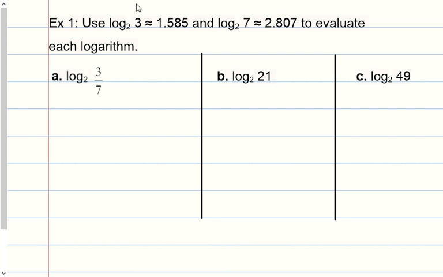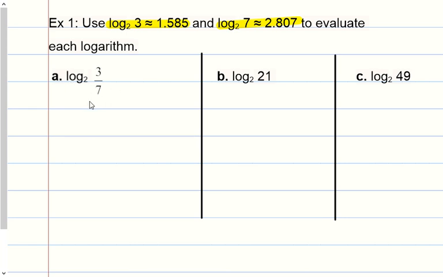So in example 1, it says use log base 2 of 3 approximated at 1.585 and log base 2 of 7 approximated at 2.807 to evaluate each logarithm. Well, we have log base 2 of 3 divided by 7.